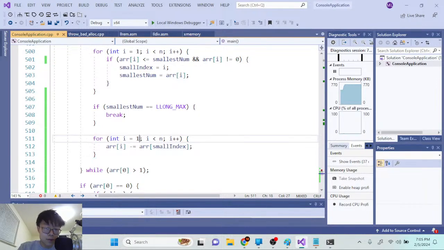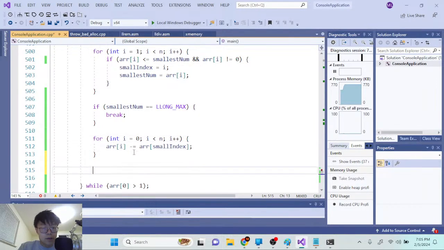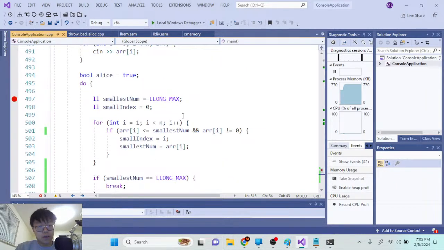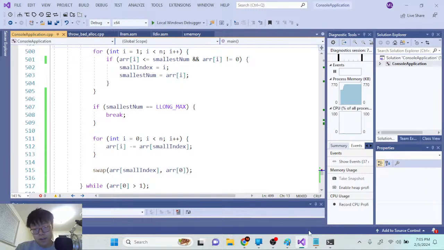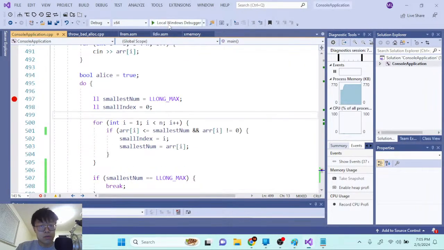Yeah, you're going to have to do the whole thing: swap r of small index with r of 0. Okay. I think this should work now, but I don't know.